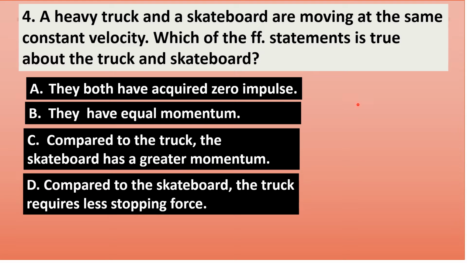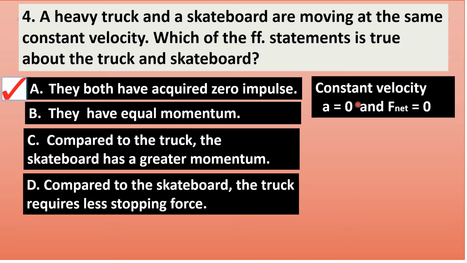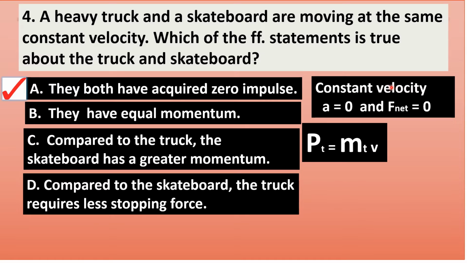So if you bring back the formulas that I have already shown to you earlier, what we need in explaining option A is the fact that the two bodies are moving with constant velocity, where we emphasize that when a body is moving with constant velocity, its acceleration is zero, and that there is no F net or external net force acting on the body.